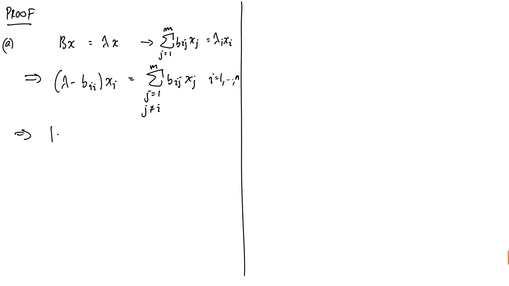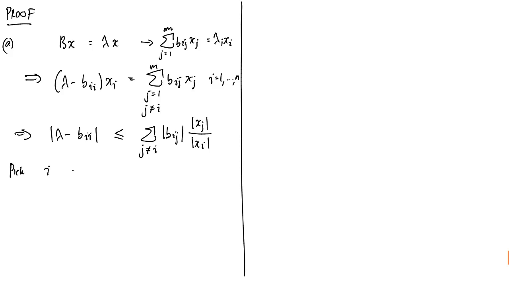Therefore, if I take the absolute values of both sides and divide by the absolute value of xi, it is less than or equal to the sum of Bij xj over xi. Okay, so that's good. So that's basically using the triangle inequality.